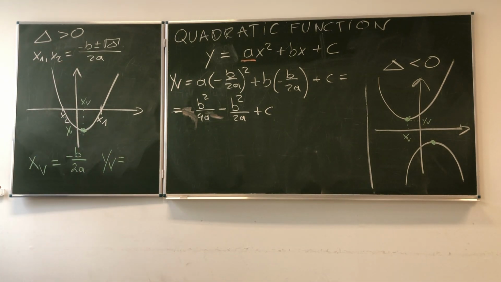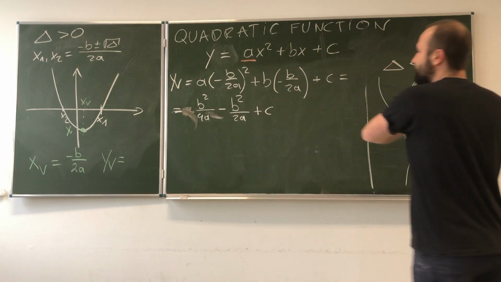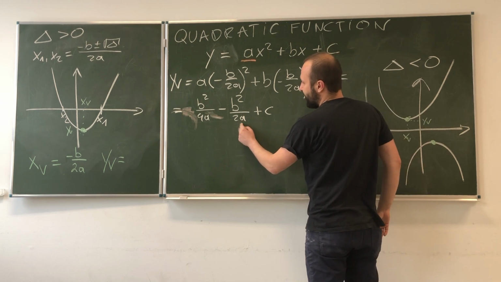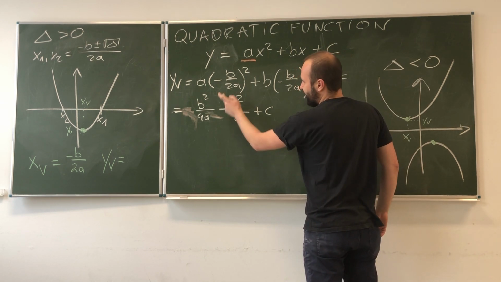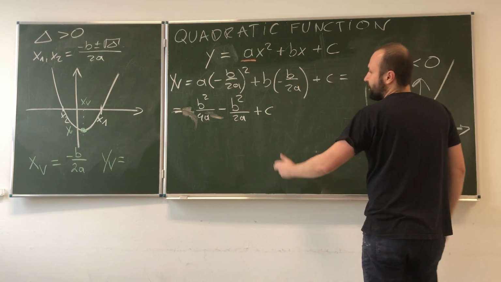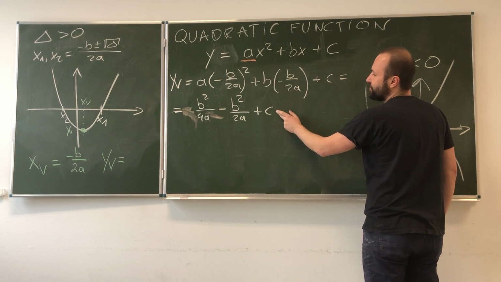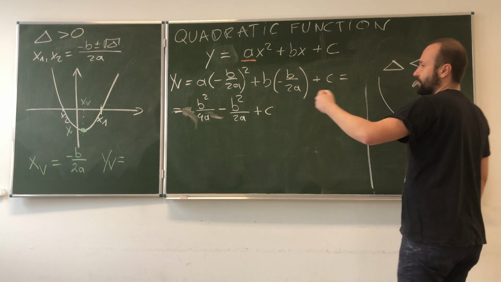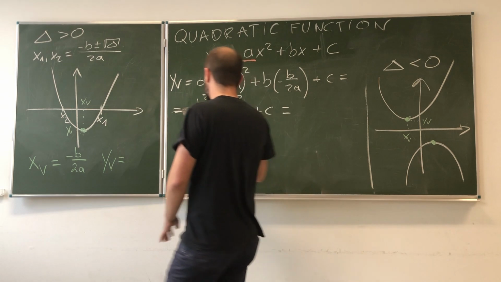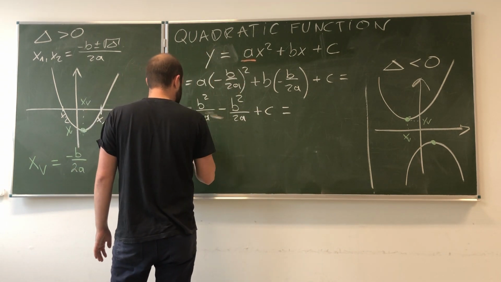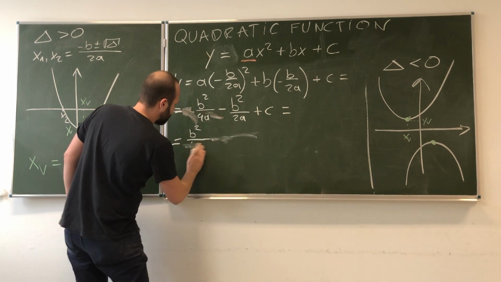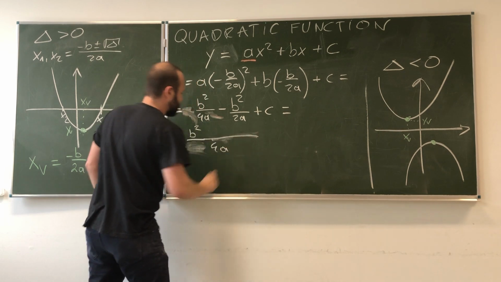Now, what I want to do here is to put all those numbers into a common denominator. So in here it's really easy. I just need to multiply this expression, denominator and numerator, by 2. And over here, I need to multiply c in numerator and in denominator by 4a. So what am I getting? Well, the first expression is not changing. It's b squared over 4a. Then, okay, let me already put it in one fraction.